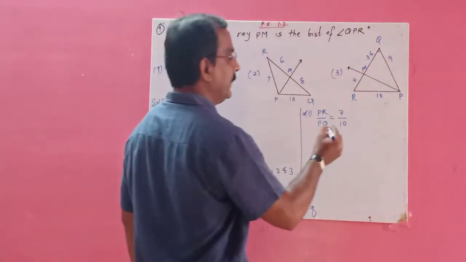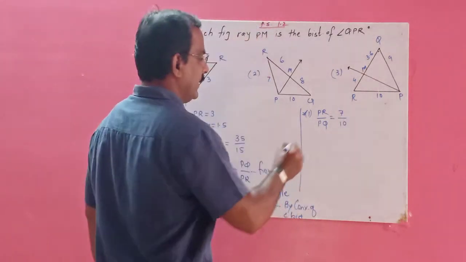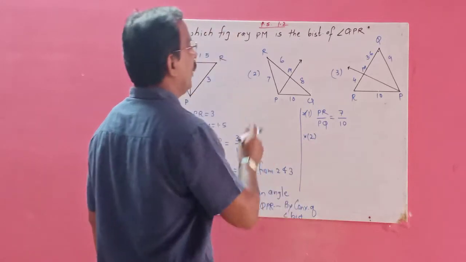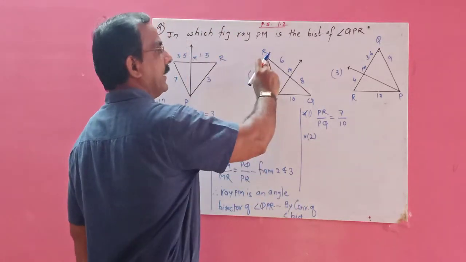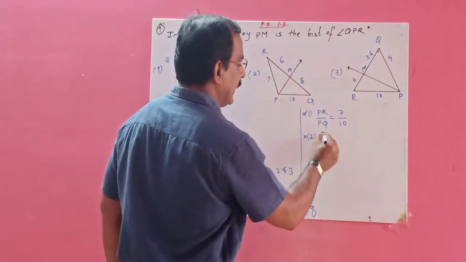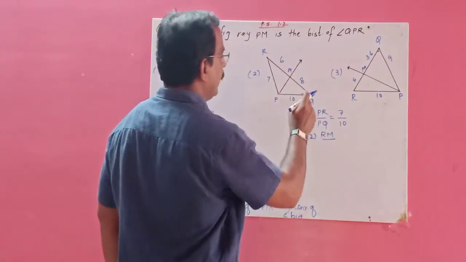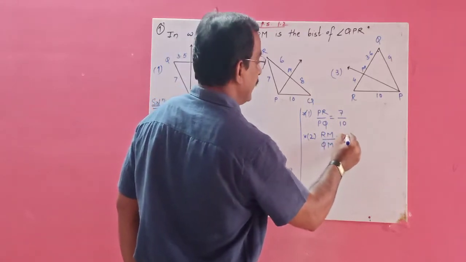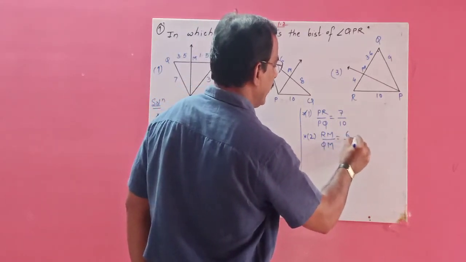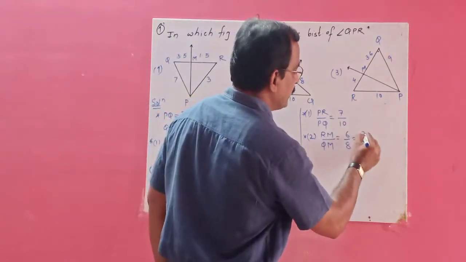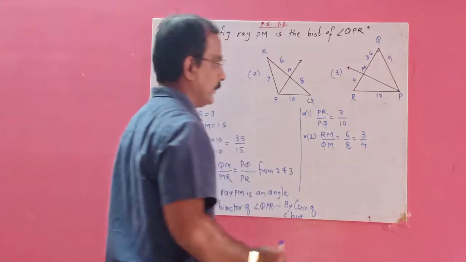It is not divisible, so keep it as it is. Like that, find the ratio of RM upon QM. I have taken PR first, so you should take RM first. So it is 6 upon 8. These two are divisible by 2, so it becomes 3 upon 4.